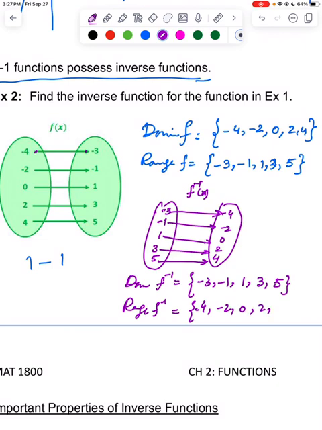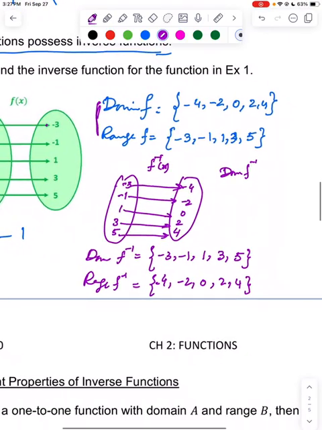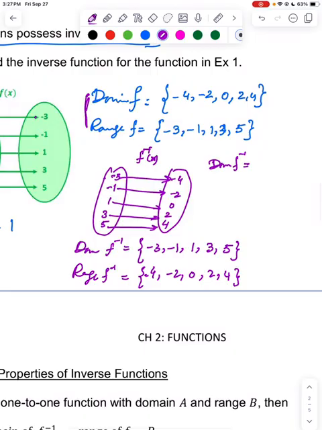Now, if you compare it with the domain and range of f, you will see that the domain of f inverse is the same thing as the range of f, and the range of f is the same thing as the domain of f.